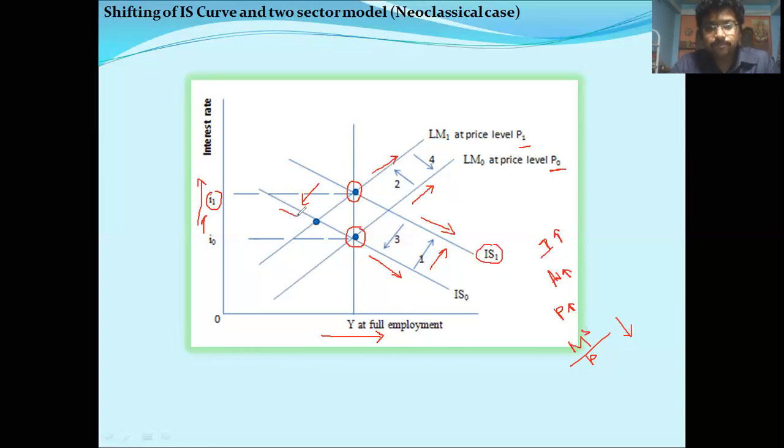And the LM curve is this, and this is the new equilibrium where real output is less than the full employment output.